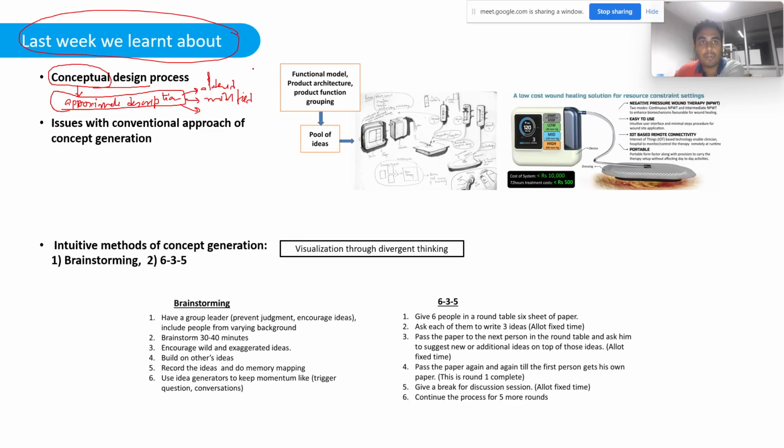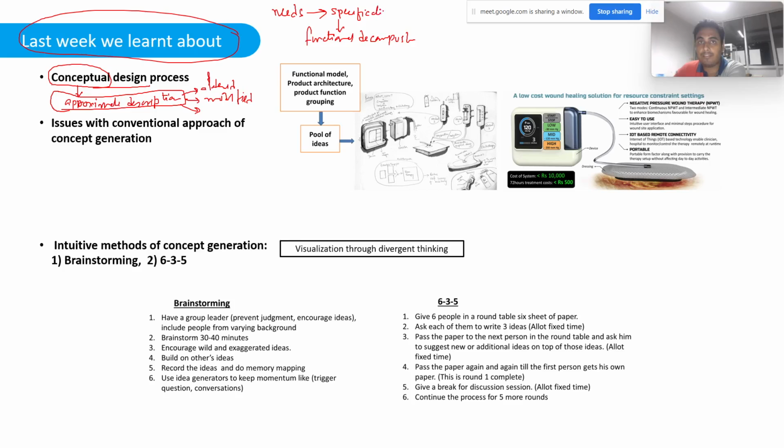Okay. So what we discussed in the last class was that in a concept design process, we use a systematic approach of developing concepts. So before functional decomposition, what do we do? We used to have customer needs. Then based on the needs, we used to create specifications, right?